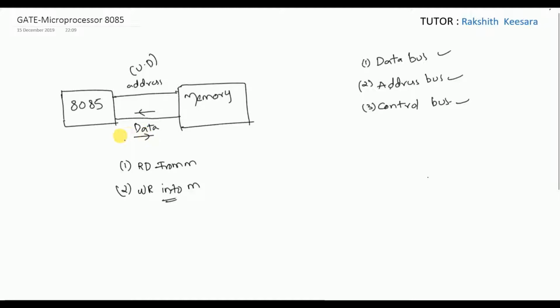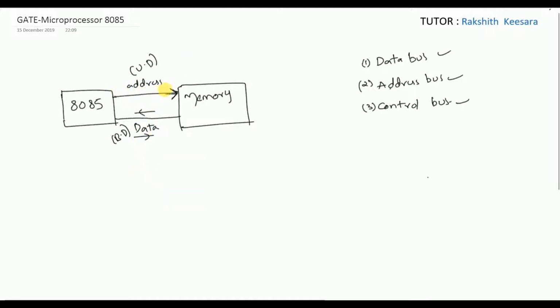So the data bus is bidirectional. While the address bus can only send the address, and what the operation is at that address depends on our programming. So this is the basic idea, guys. Address bus is unidirectional; data bus is bidirectional.